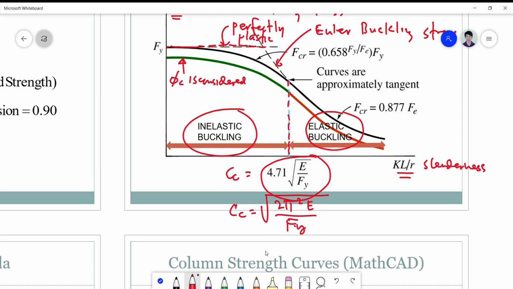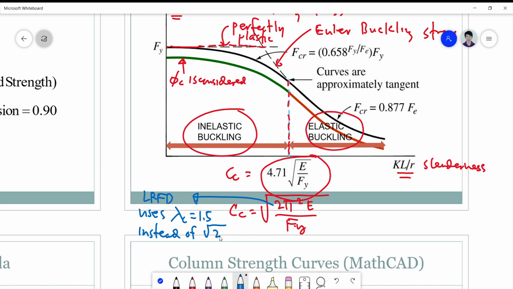Okay, the only problem is that instead of using a 2 here, since this is an LRFD consideration, LRFD uses lambda sub c equivalent to 1.5 instead of square root of 2.